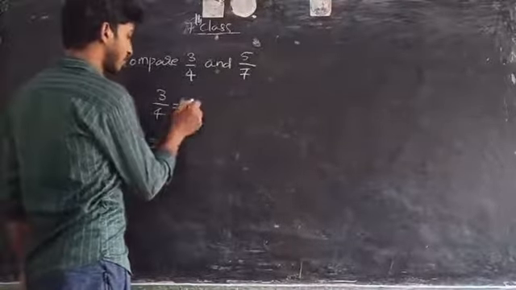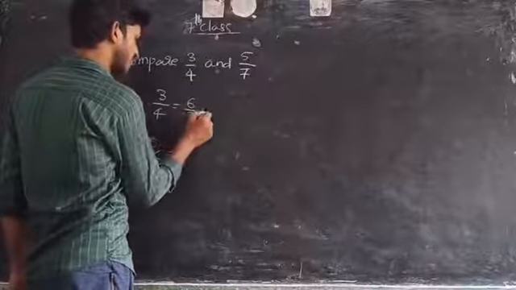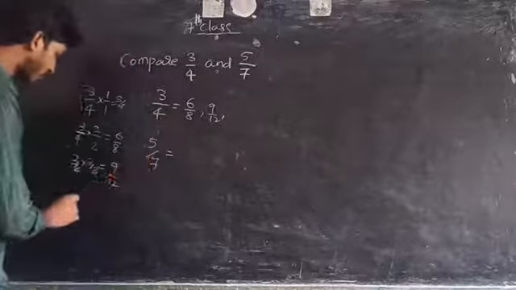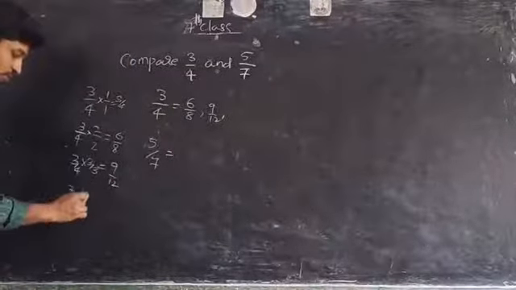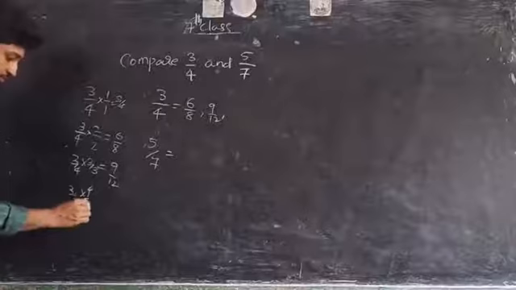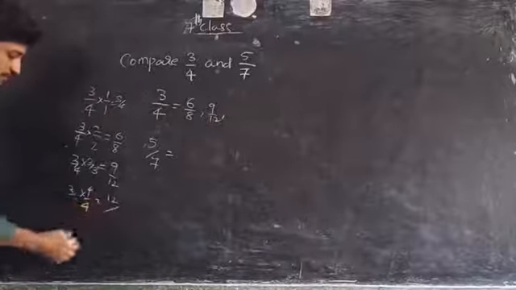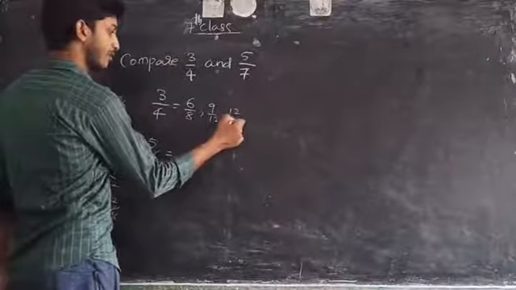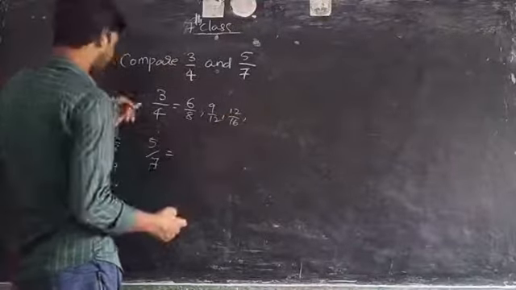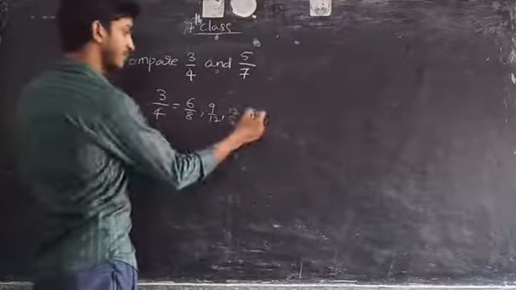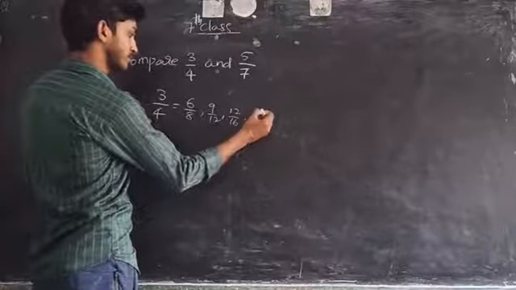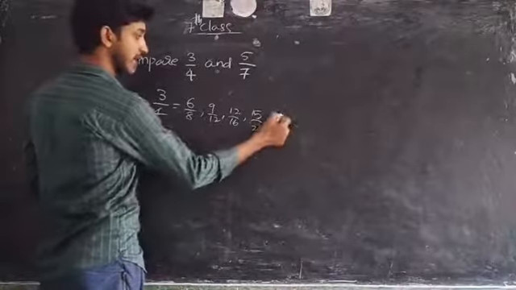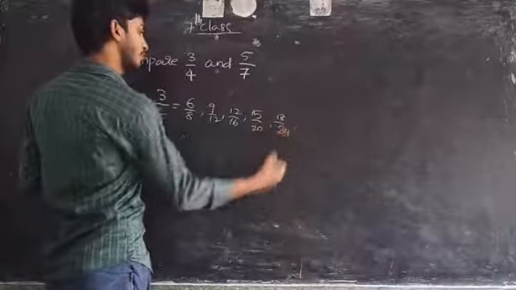3 by 4 into 2 by 2 we get 6 by 8, 9 by 12, and 3 by 4 into 4 by 4 we get 12 by 16. After that 3 by 4 into 5 by 5, 15 by 20, and 3 by 4 into 6 by 6, 18 by 24.